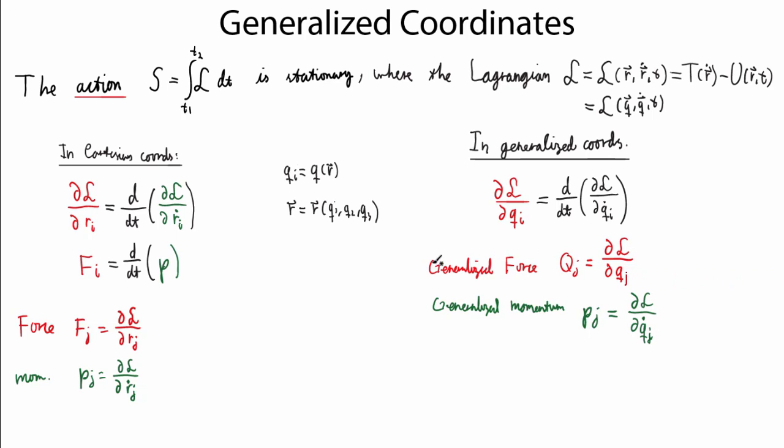Now I'm calling these quantities generalized force and generalized momentum because they don't have to have the unit of force and momentum. This is because the generalized coordinates don't have to have the unit of position. For instance, if you're working in spherical coordinates, the coordinates you would have would be r, theta and phi. Theta and phi are unitless, and therefore the generalized forces and momenta would be different in those cases, and we'll see where that leads us in a minute.